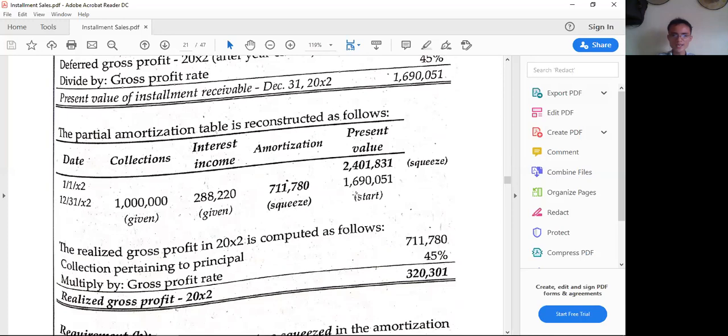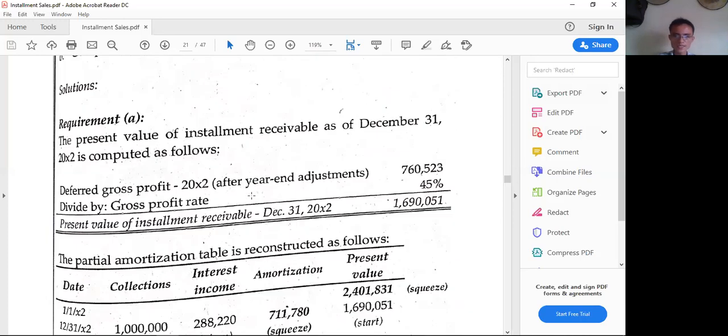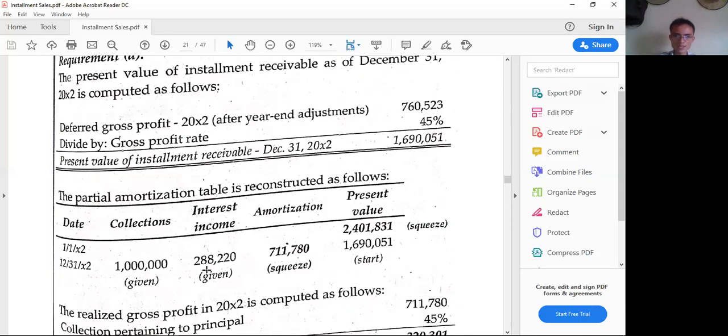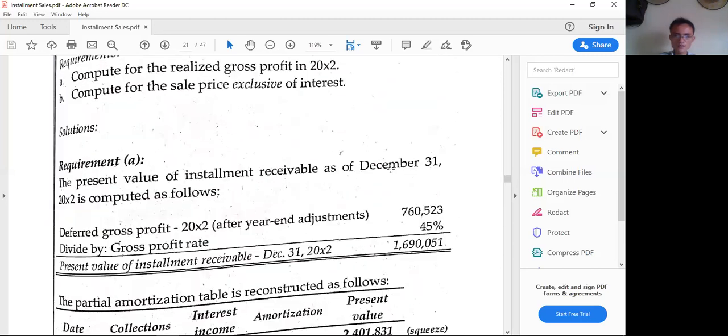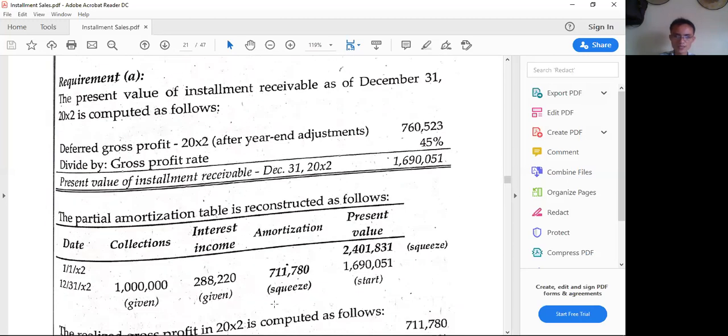Moving on. So we work back, we squeeze. So interest income as given is placed here. Collections is given also here. So this would be the amortization. If we get this one, supposedly that's going to be present value of the previous period minus the amortization or reduction to principal.